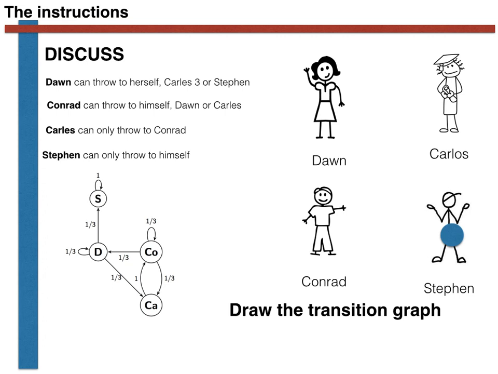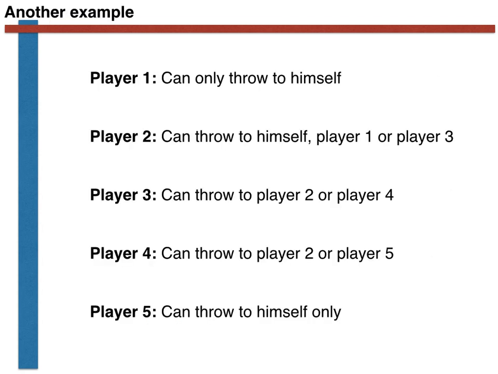To understand this classification of states a little better, it is perhaps worth considering a few other example Markov chains. As a first example, consider the following rules for a game of catch, a Markov chain. If you need to, pause the video and take a moment to draw out the transition graph.